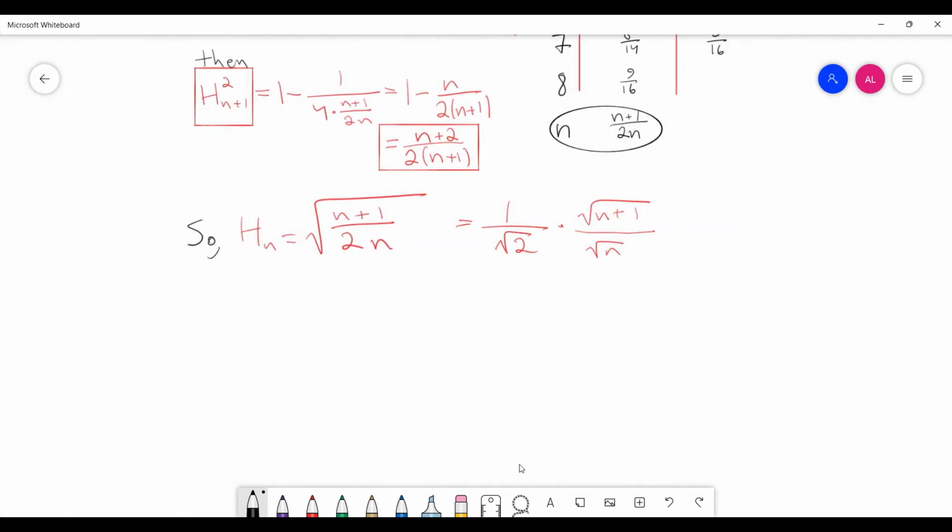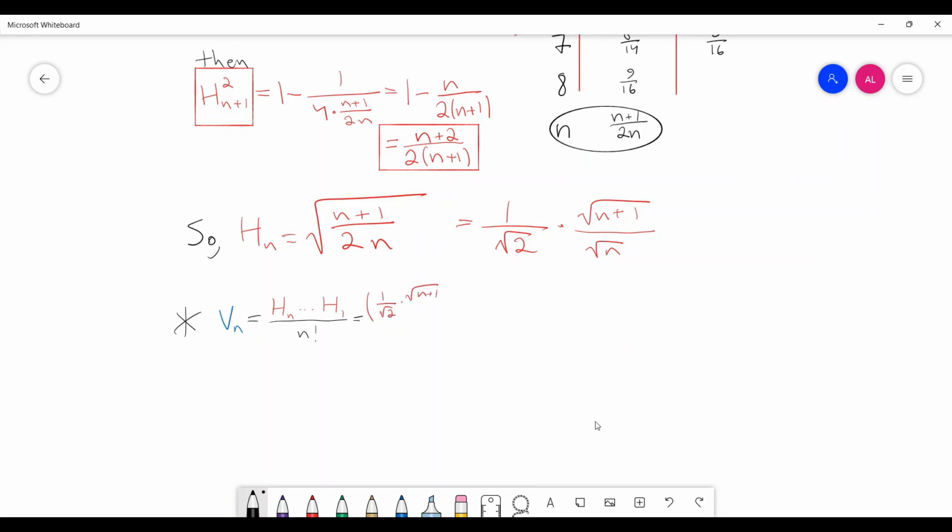So I'm going to rewrite the height like this, basically not changing the value, just rewriting it as separate square roots. So now we can remember our formula that V_n equals h_n times h_(n-1) times h_(n-2) and so on down to h_3 times h_2 times h_1, all over n factorial. But now we can plug this formula into each height.